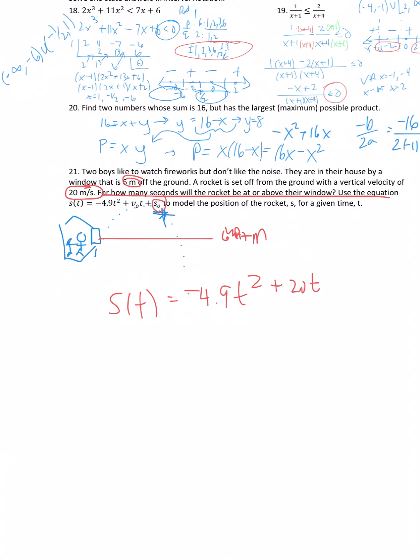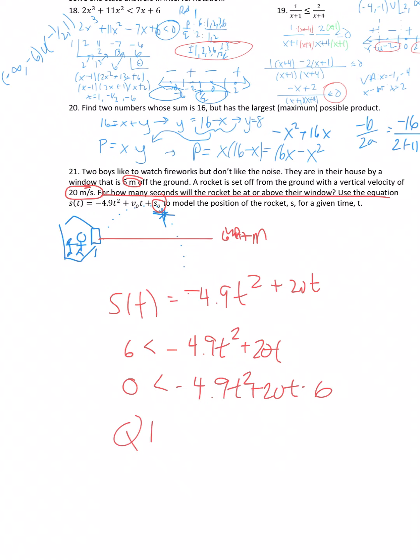But the thing is, my initial height of my rocket is 0. I want to know when is the rocket's height greater than 6. I don't want to know what happens when it's launched at 6, because it's not launched at 6, it's launched at 0. So I have this equation, and I want to know when is this greater than 0 now by subtracting the 6.